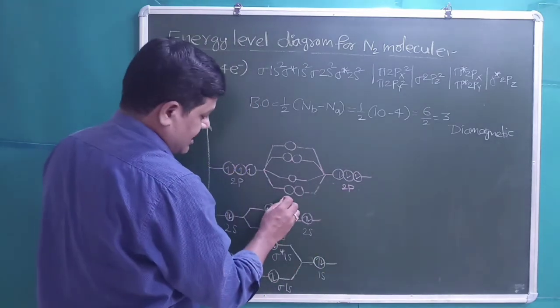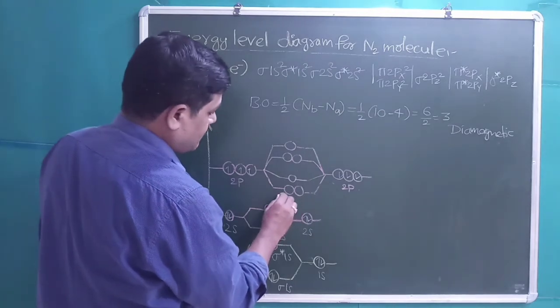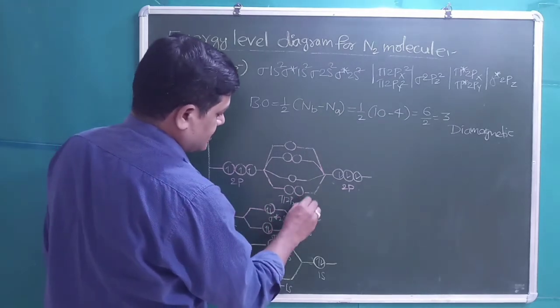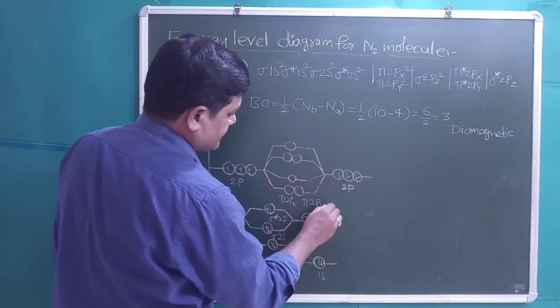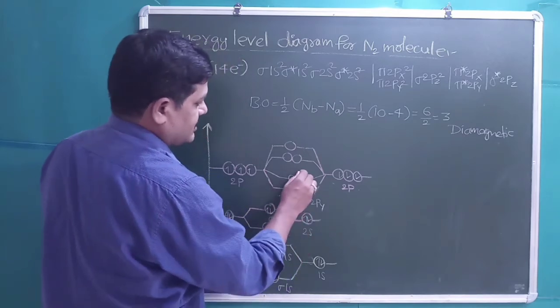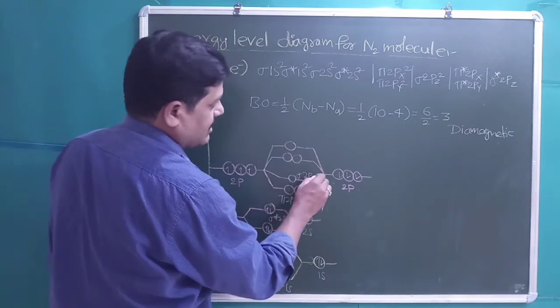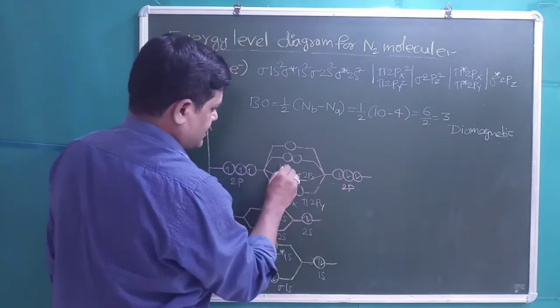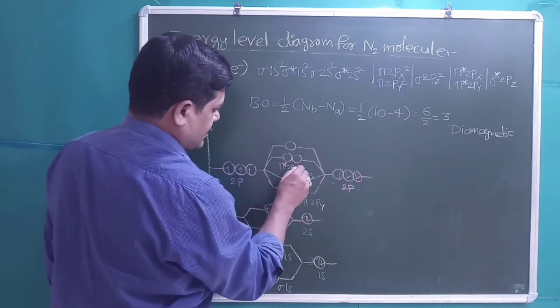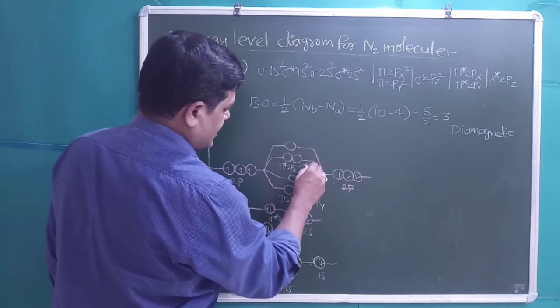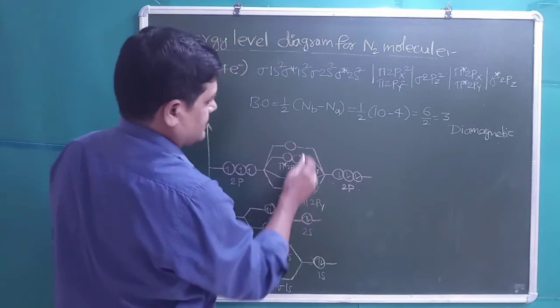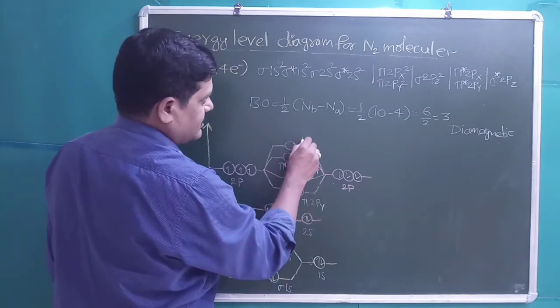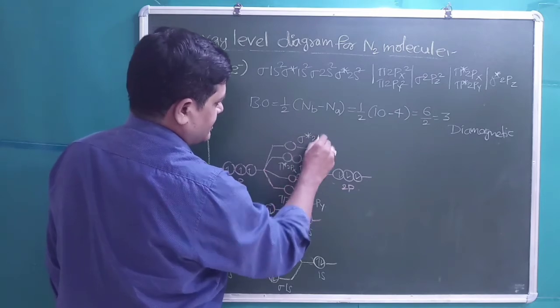So these orbitals are pi 2px, pi 2py, and the single orbital sigma 2pz. Next are pi star 2px, pi star 2py, and the single orbital sigma star 2pz.